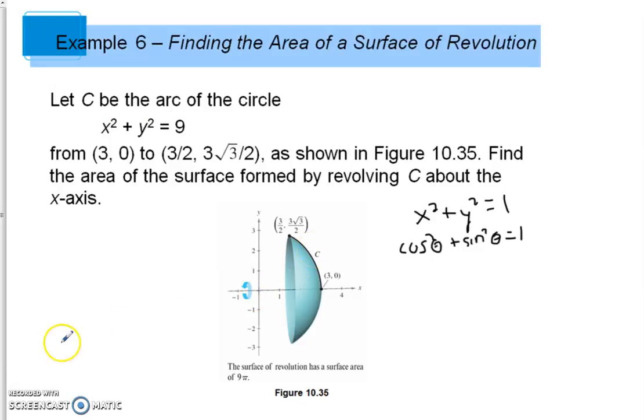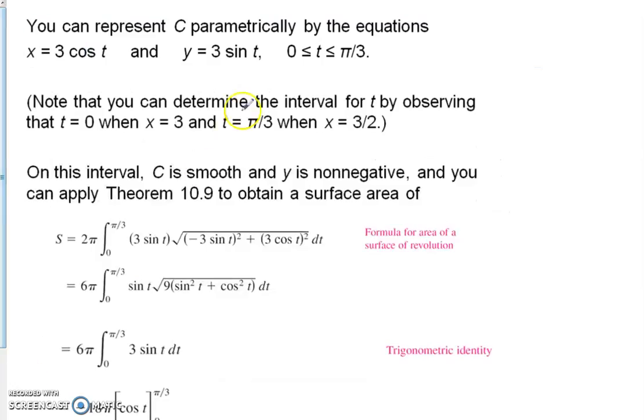And so as we move on to the next slide, you can see we can represent C parametrically by these equations. X is 3 cosine t. Y is 3 sine t. X squared plus y squared, if you wanted to look at that, would equal 9 cosine squared t plus 9 sine squared t.